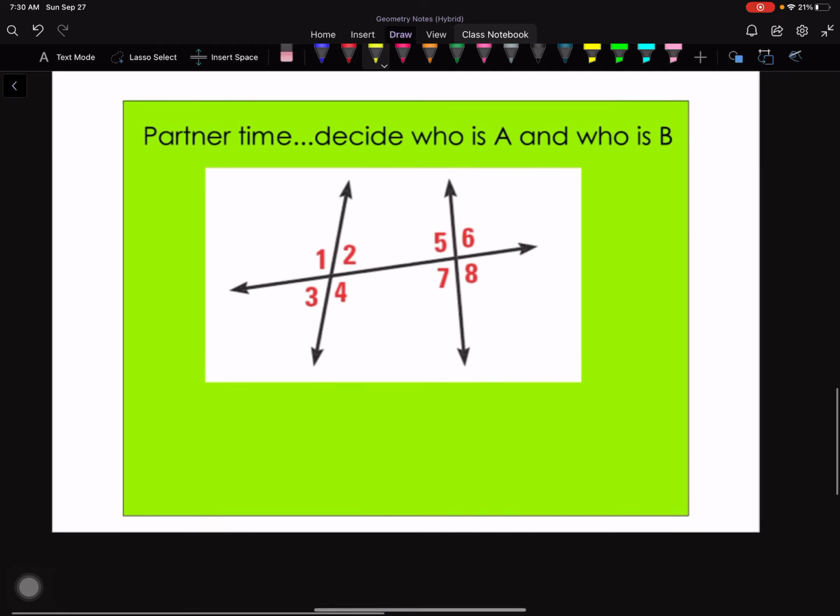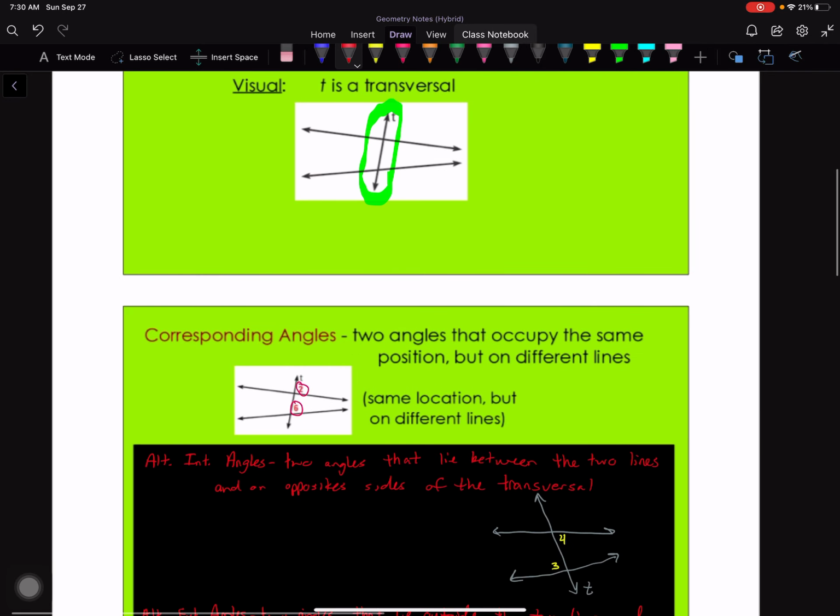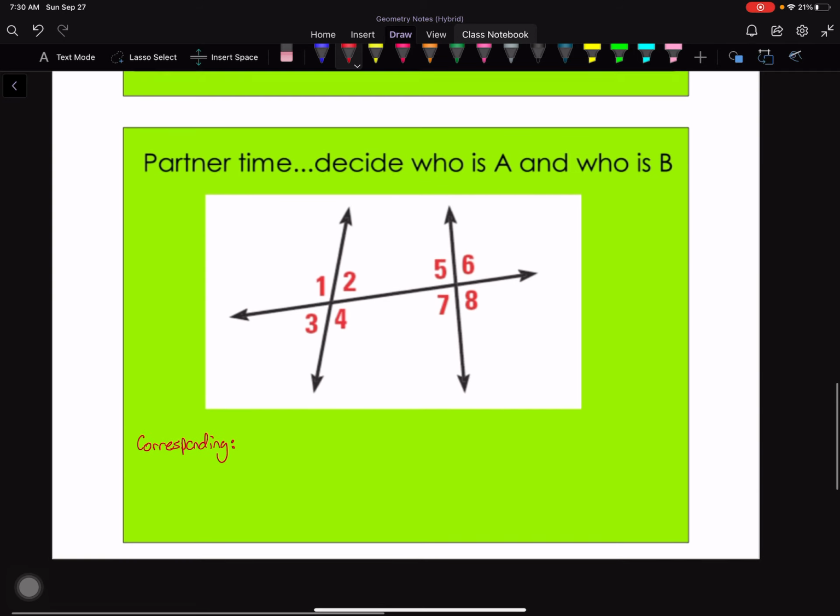So, partner time. Well, not really. I guess I'll just be my own partner. Decide who is A and who is B. Again, doesn't really matter, but let's go ahead and identify some angles. Starting with the corresponding angles. So if you scroll back up, corresponding angles are two angles that occupy the same position but on different lines.